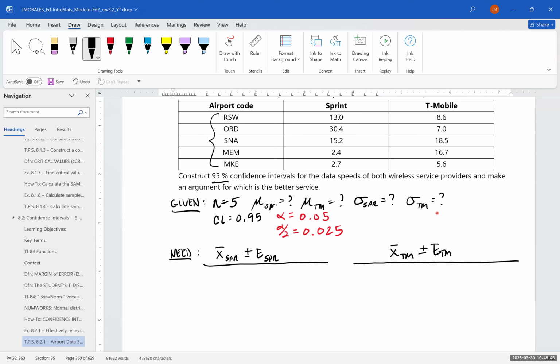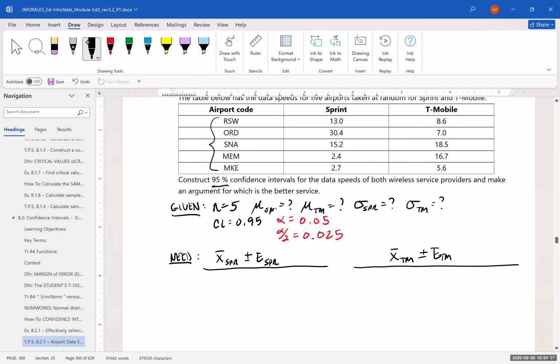So we need both. Out of what we need, do we have it already? I don't see anywhere that we've already got x bar or our margin of error. So we're going to have to come up with both of those.